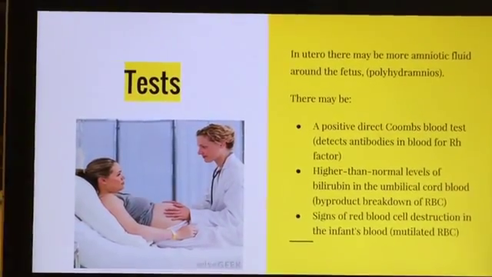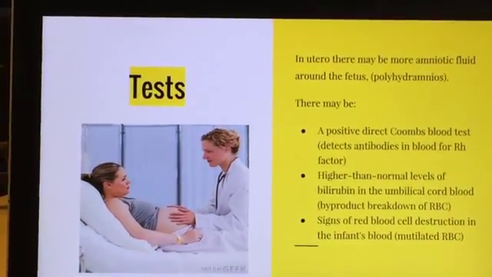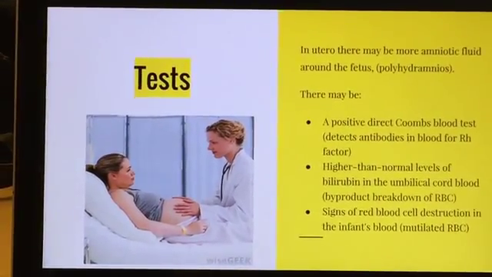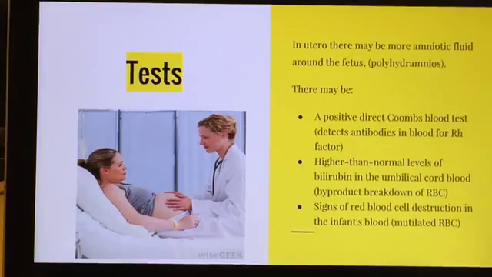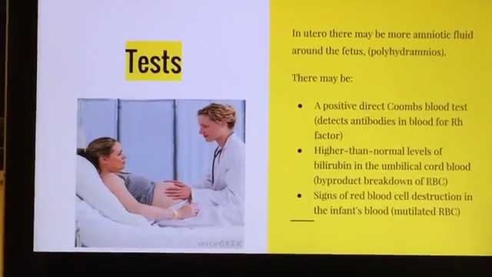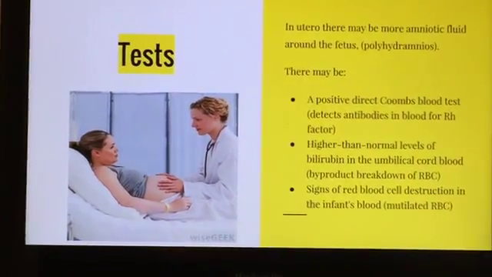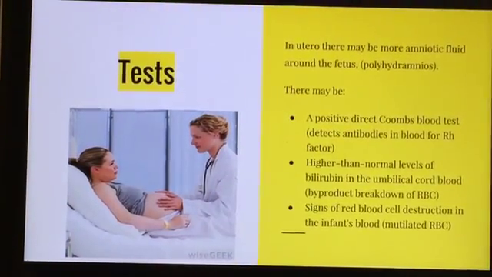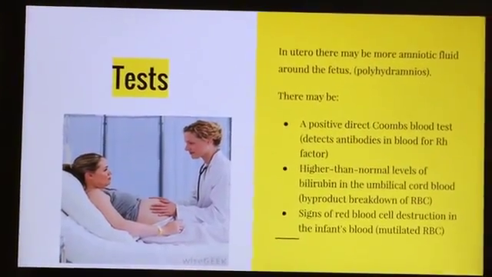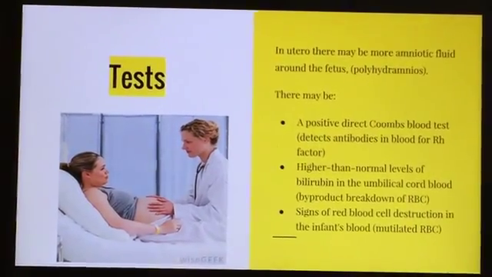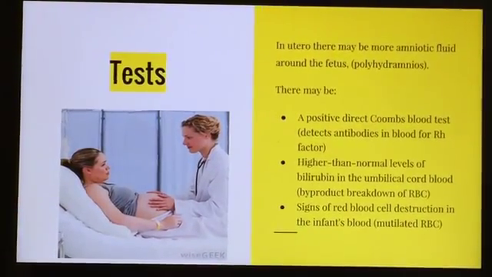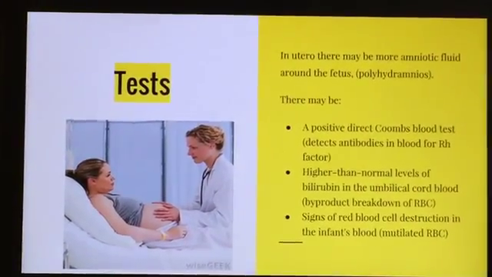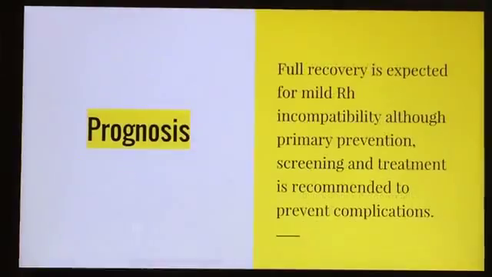You can test the infant's blood in utero, the umbilical cord blood, for high levels of bilirubin, and that's that byproduct again of the red blood cells. And then you can take a sample of the blood post delivery of the infant and put it under a microscope, and you can look at the blood cell destruction should it be there, and basically it's mutilated, torn apart red blood cells.